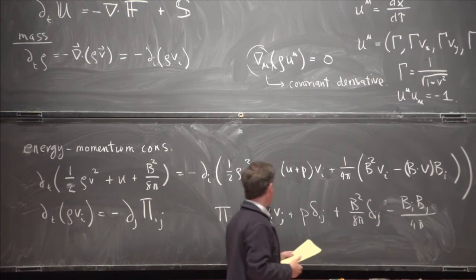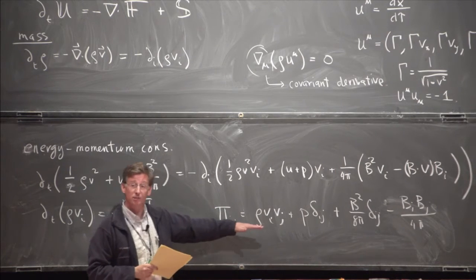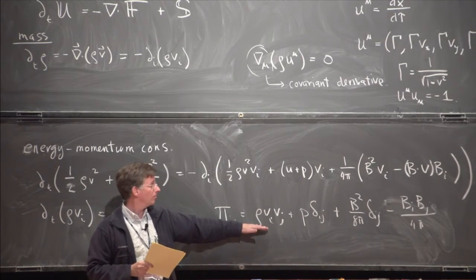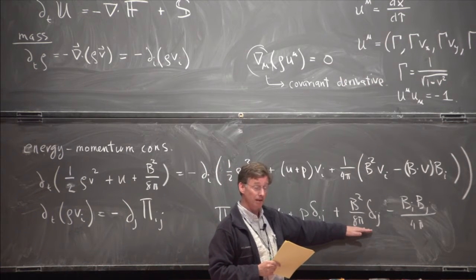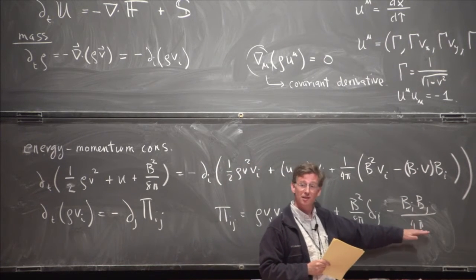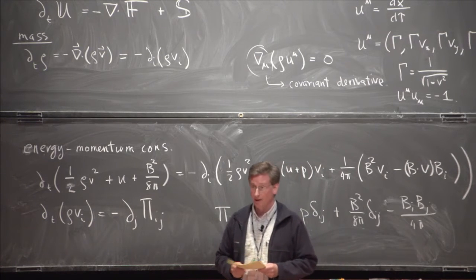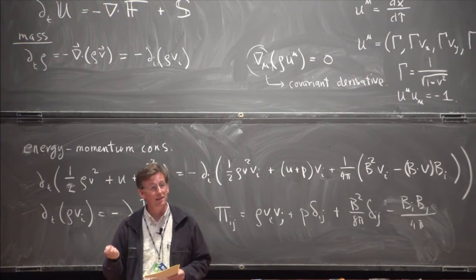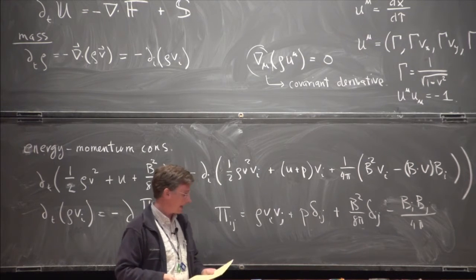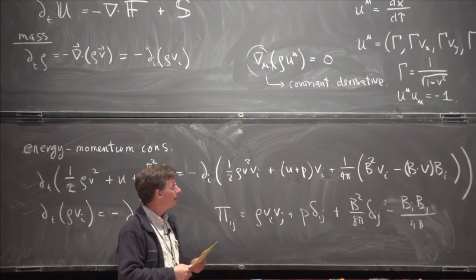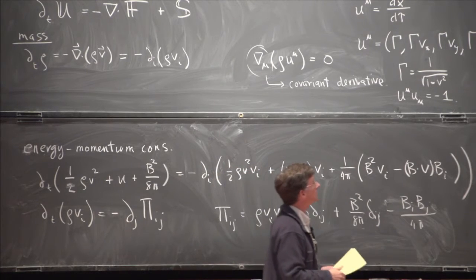Okay, and that's it. So there's bulk transport of momentum, gas and magnetic pressure, and then this off diagonal term that ultimately gives you the terms corresponding to magnetic tension. Okay, and that's the full non-relativistic form.